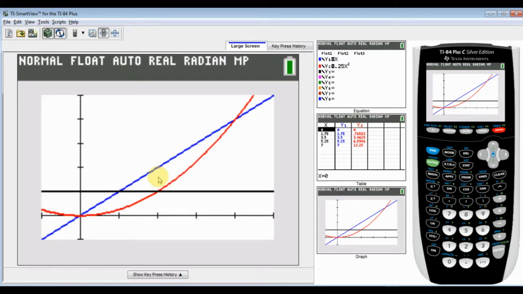Wow, this is kind of weird. It says that the region should be bound to the left by the y-axis. Okay, so the y-axis is supposed to be a boundary curve. It's bound below by the line y equals x, so it's supposed to be above the blue line. Above the blue line?